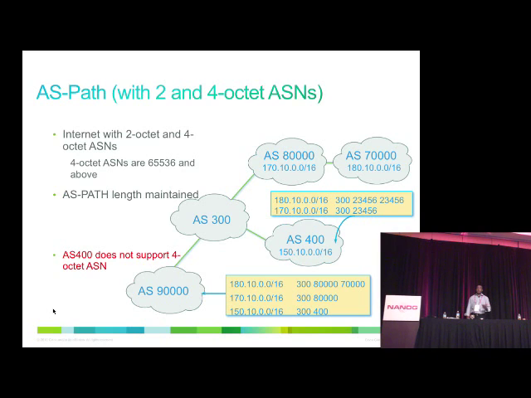And if you have a router that doesn't support a 4-octet autonomous system number, then it has to be replaced with a reserved number, which is 23456. So 23456 signifies an autonomous system that is a 4-octet autonomous system, but is not understood by a 2-octet router that doesn't support a 4-octet autonomous system number.